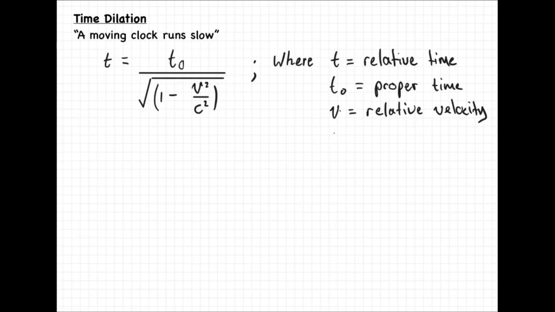And of course, c is the speed of light, in case I need to tell you that. Units are all SI, standard units: meters per second, seconds for time. You will have to work in SI units for this formula to work. So if you're doing something in minutes or hours, make sure you convert first, okay?